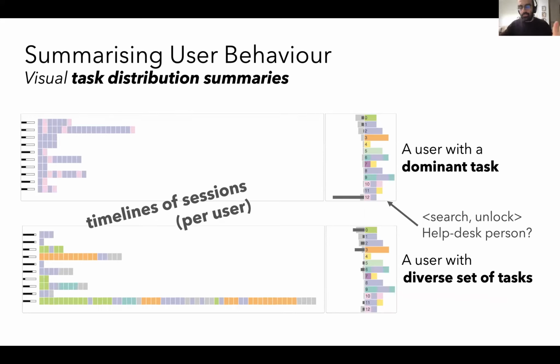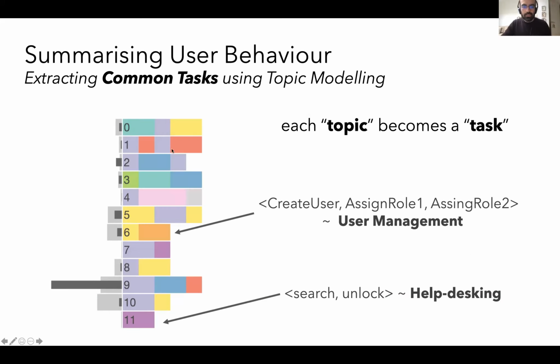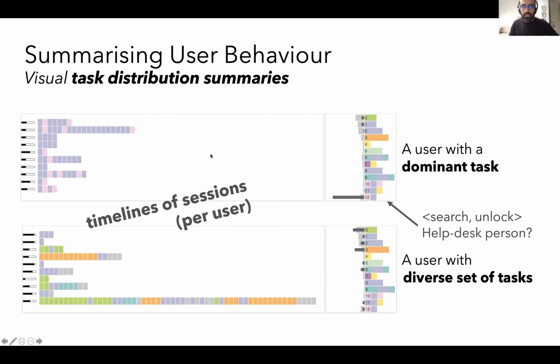And then we relate these task summaries like this. This is a task summary of a single individual that does number 9 a lot, to the history of those users. In the top one, we're looking at the sessions from a single user, and then their task summary. And on the bottom, that's another user.